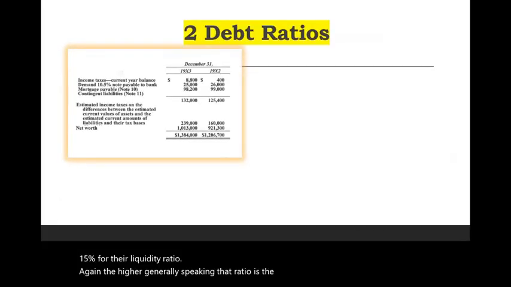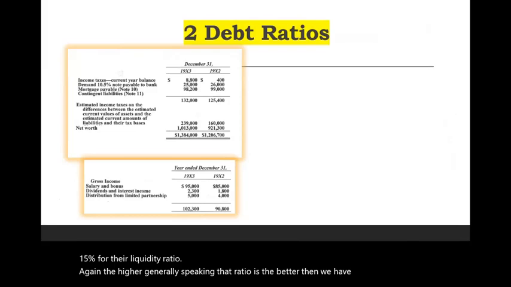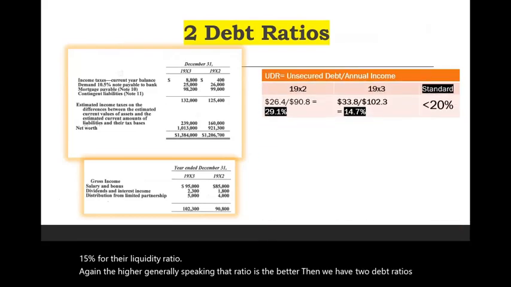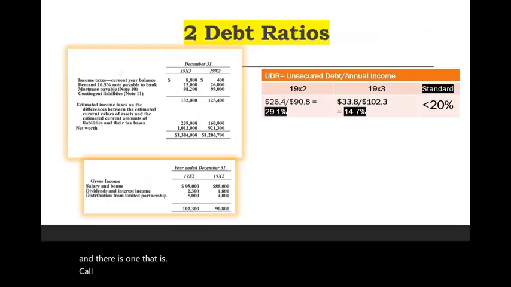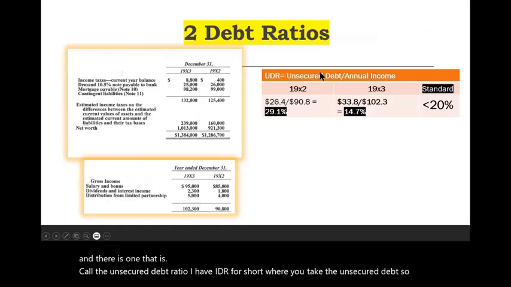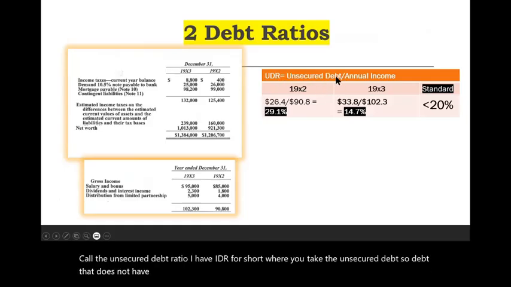Then we have two debt ratios. And there's one that is called the unsecured debt ratio. I have UDR for short, where you take the unsecured debt, so debt that does not have any collateral associated with it, and you divide by the annual income.